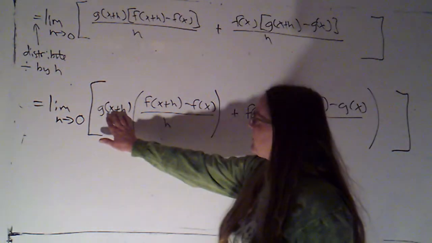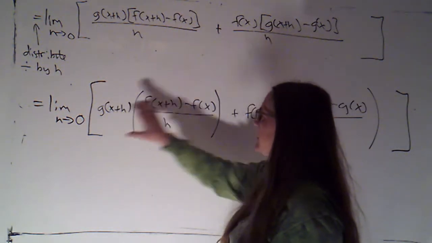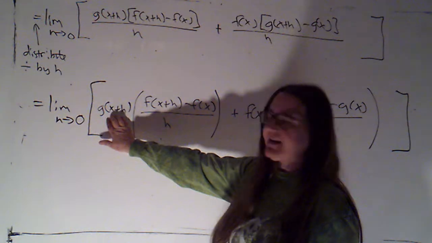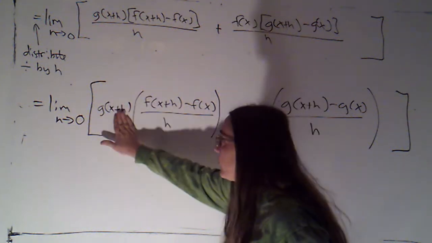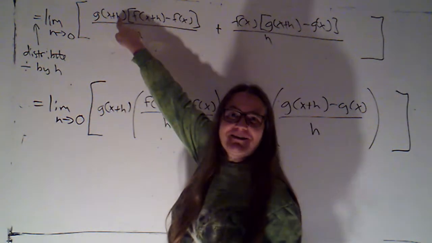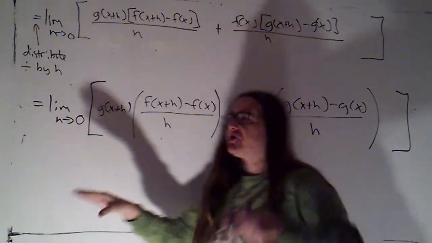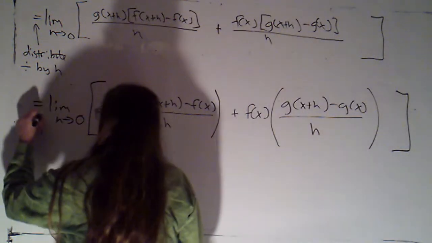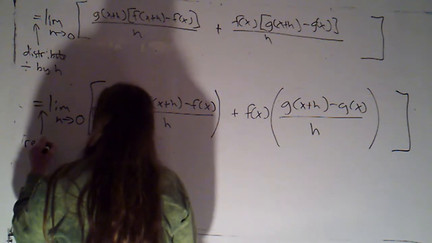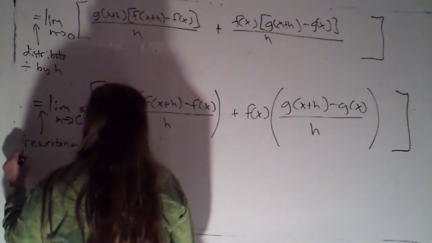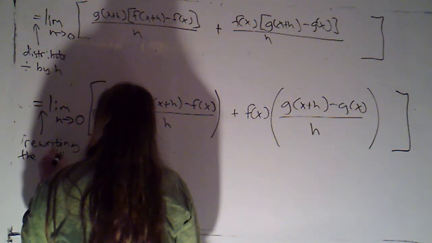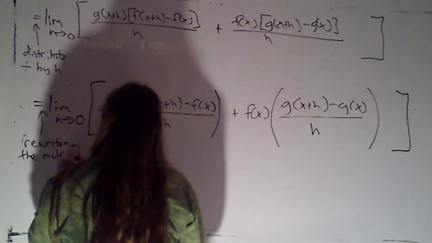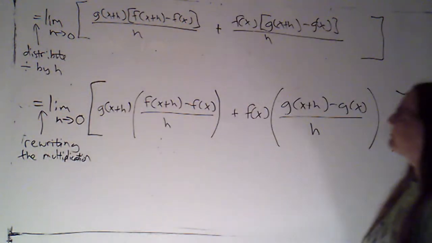Because I know if I were to multiply something by a fraction, I could write this g of x plus h as g of x plus h over 1, and that would put the g of x plus h then on the top of that fraction being multiplied by the rest of the top. Okay, so this I'm just going to say is rewriting the multiplication.